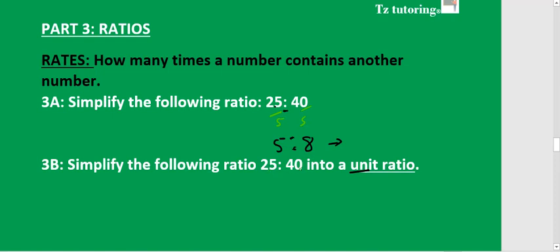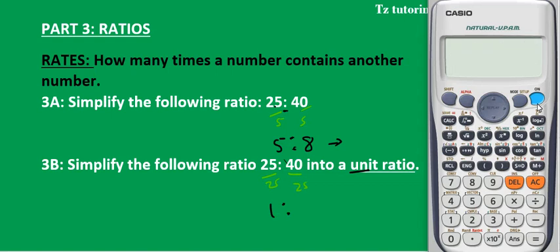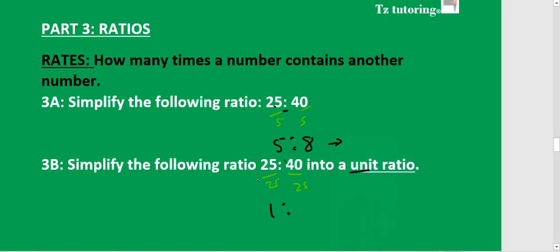So 25 is obviously smaller than 40, so we divide both sides by 25. 25 divided by 25 is 1. 40 divided by 25, you could use your calculator to check that, will give you 1.6. And that is your solution.